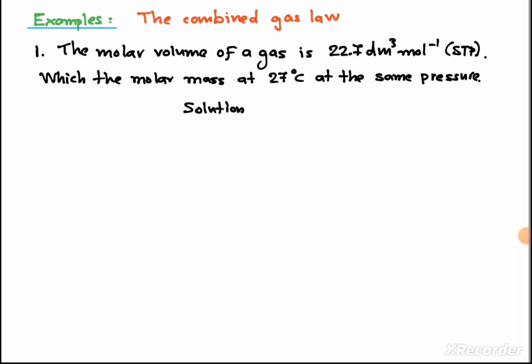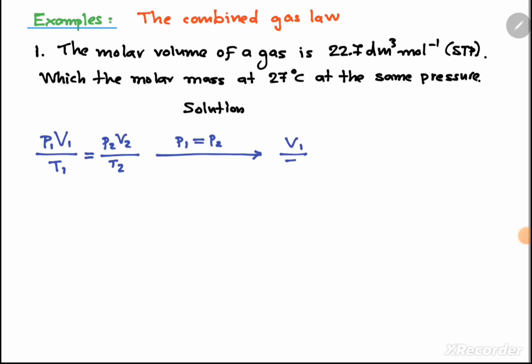Let's see examples to the combined gas law. First example. The molar volume of a gas is 22.7 dm^3 mol^-1 at STP, with the molar mass at 27 degrees Celsius at the same pressure. We have two conditions for the gas with same mass, so we write the combined gas law. So we have, and we have the same pressure, so we have the formula, and we substitute into the equation.